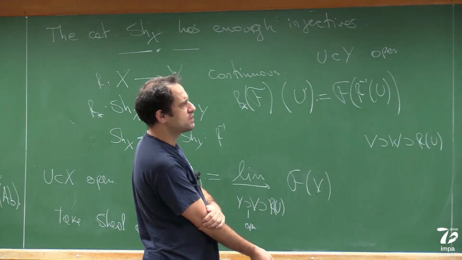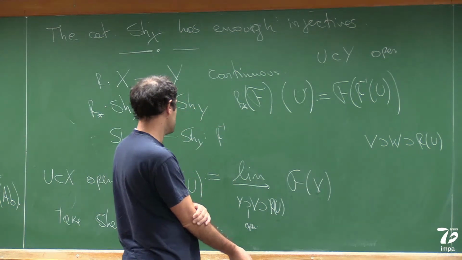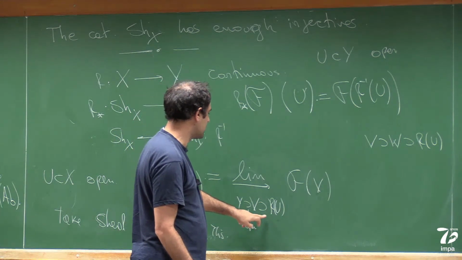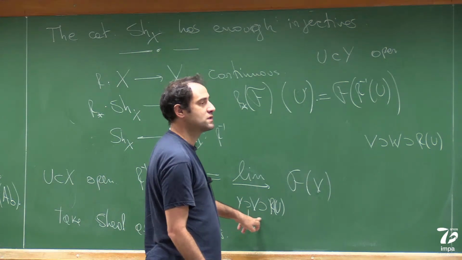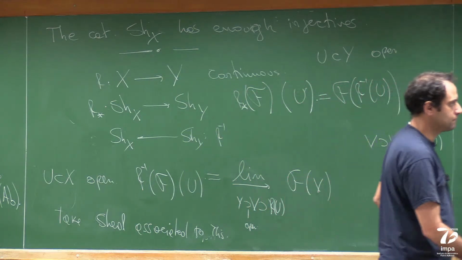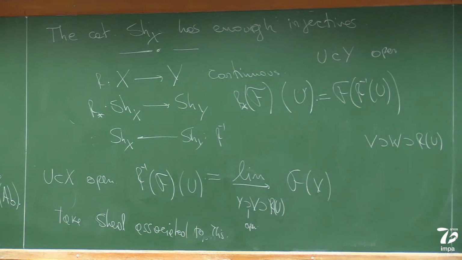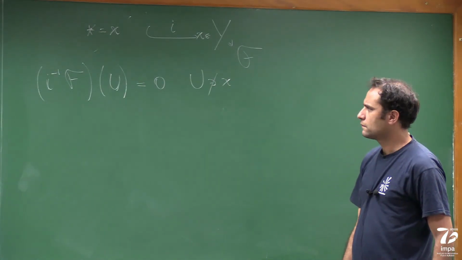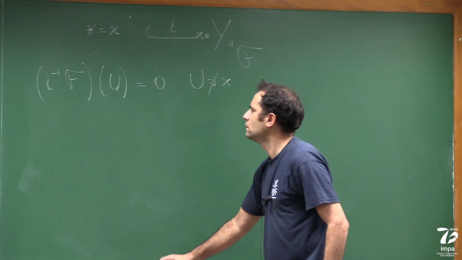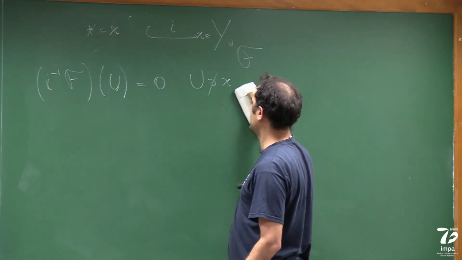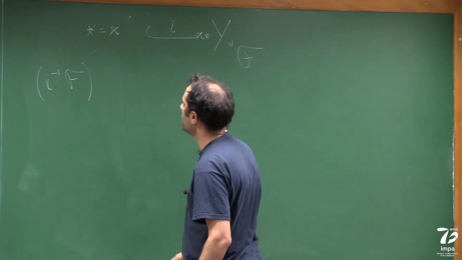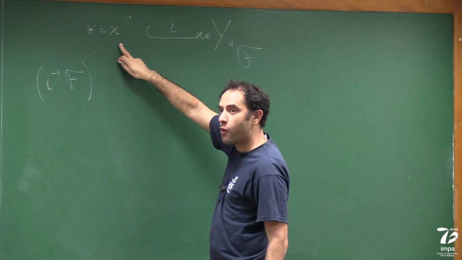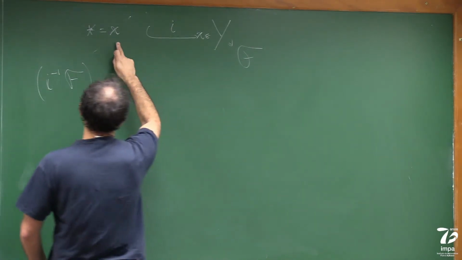I'm pulling back this sheaf F to X. So what I'm doing is I'm taking a limit over all opens that contain the image, and there's no such thing. So I guess this is stupid, the way I'm writing this. So let's write this correctly. This pullback is into an open set of this guy, and there's only two open sets that I can take on this topological space.